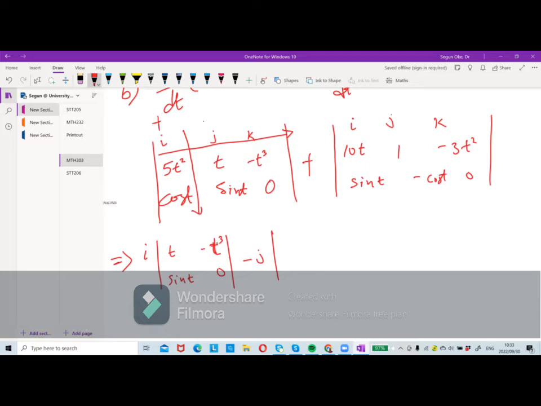Remember this side: plus, minus, plus, right? Minus j. So you can remove this one. This one will also be cancelled now, the second column. First row will still be affected. So everything here will be cancelled. So you have what? 5t squared, cos t, negative t cube, 0.